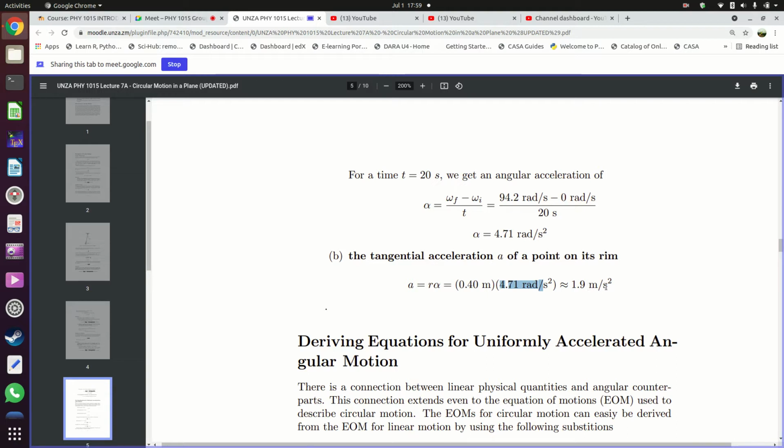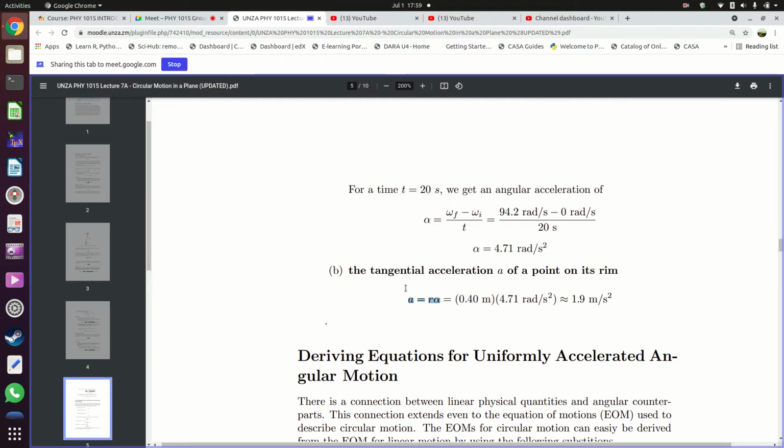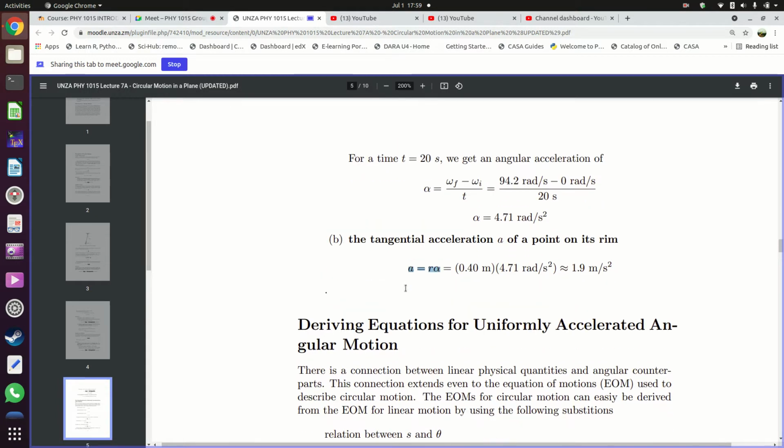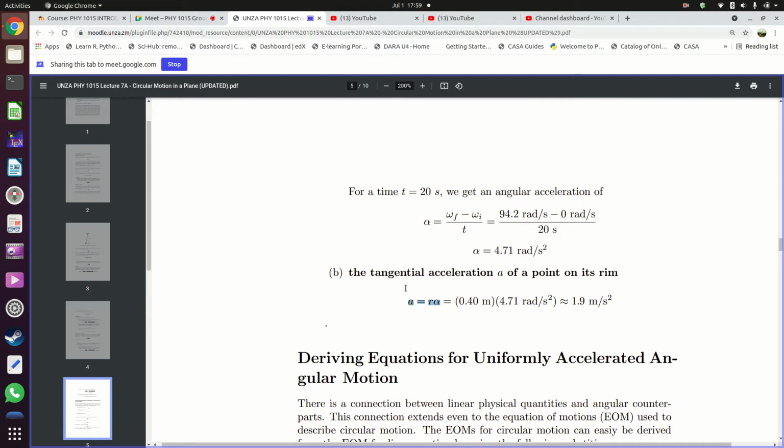So basically, this is how you get your acceleration a from the angular acceleration alpha. a is equal to the radius multiplied by alpha. What you see from what you have done so far is the connection between linear acceleration and angular acceleration. These things are related: a is equal to r alpha.